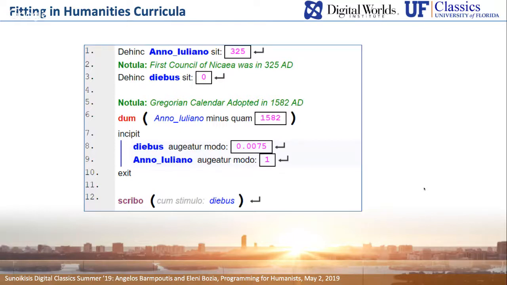There are several numbers here that correspond to actual dates. Starting from the date 325, where the first Council of Nicaea was held, we want to go up to 1582, where the Gregorian calendar was adopted. So we have to perform an iteration from 325 to 1582.